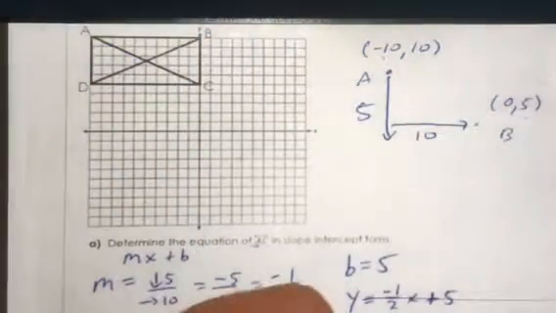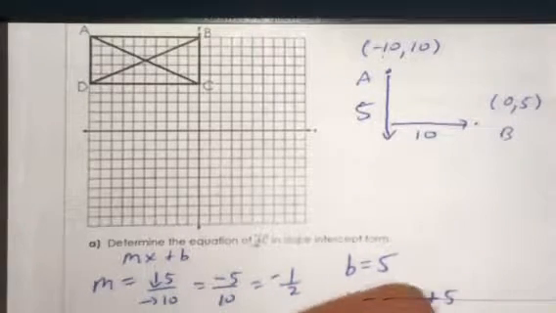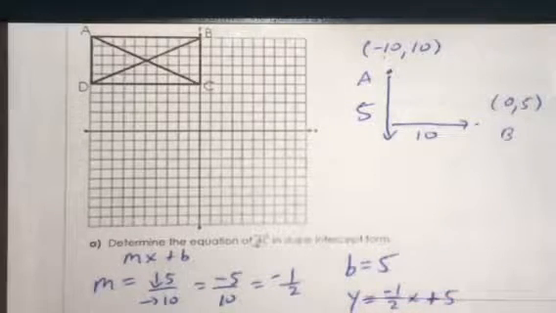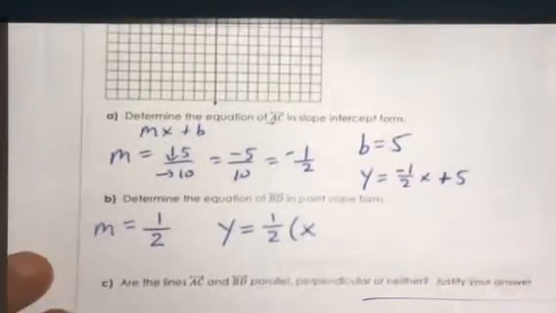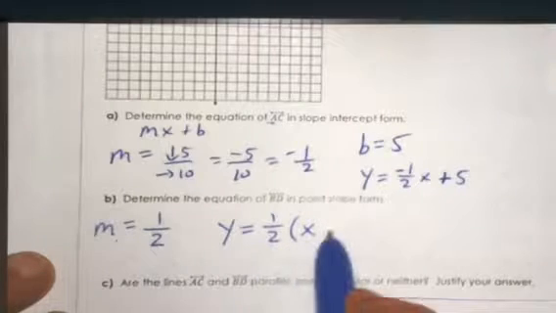So this is a slope of positive 5/10, or positive 1/2. And now we want y equals 1/2 times x. Oh, I'm sorry, you can't see that. We found our slope of 1/2. And now we need to bring a coordinate in.